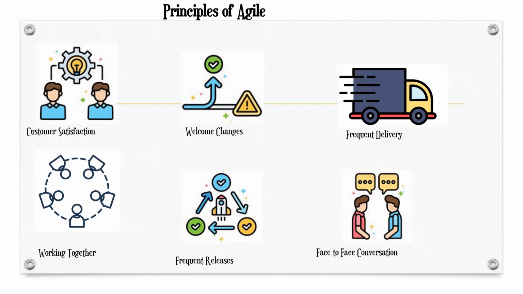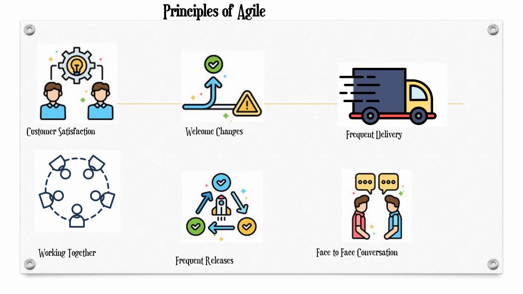And one more is in Agile, all the developers, testers, everyone will be sitting together and working. In other methodologies, the designing people will be put as a separate team in some other place, the development people will be sitting in some other place, and testing people in some other place.